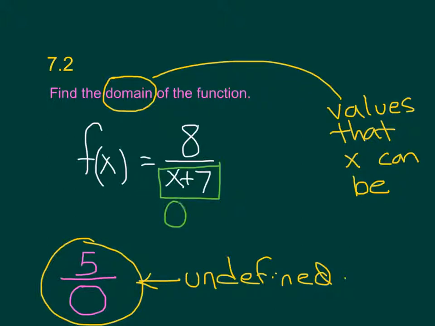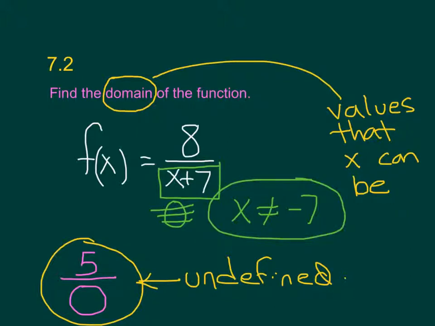Sometimes people think that 0 would be it, but if we put in 0 for x, we get 0 plus 7, which would make that denominator 7, which is fine. So 0 is not going to be a restriction in this case, but x cannot be negative 7. If x is negative 7, we've got negative 7 plus 7, which would give us a 0. So this is the one thing x cannot be.